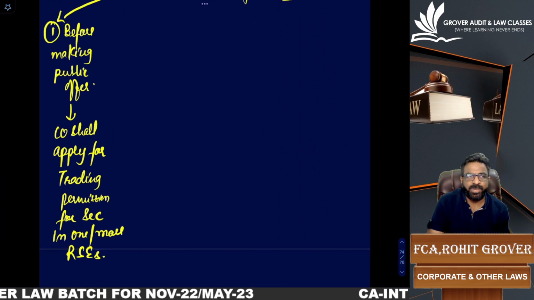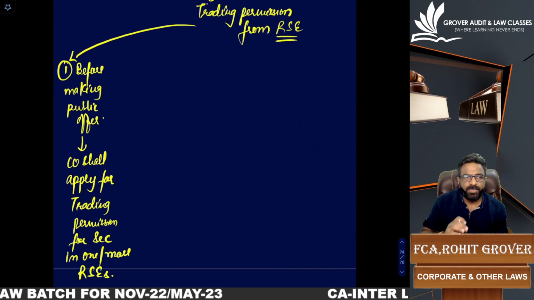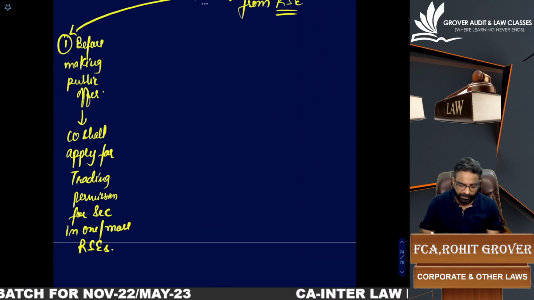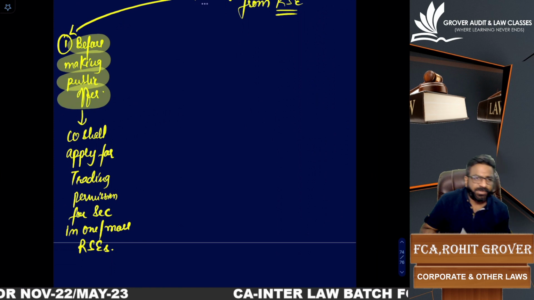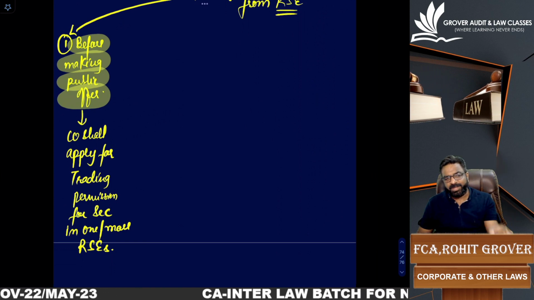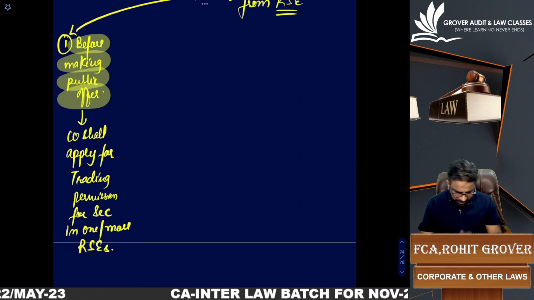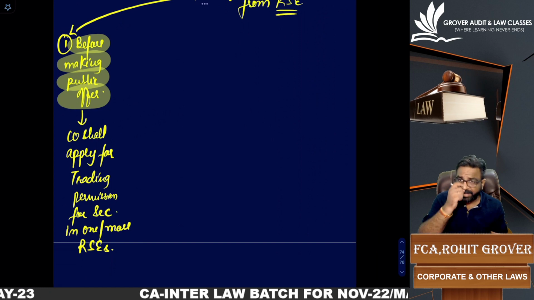Did you understand point number one? Before making any public offer, you have to apply for trading permission for securities in one or more recognized stock exchanges.